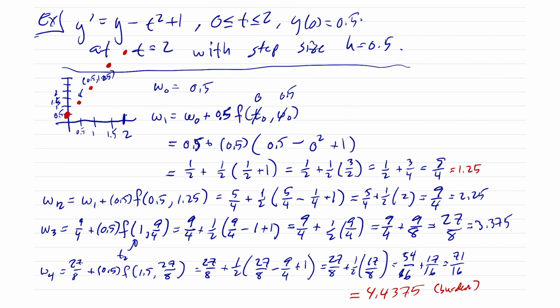So much bigger. Anyway, that gives us our approximation that we were looking for, and so the guess is that y of 2 should be roughly 4.4375. Now I'm just curious, did that even come close? I'm going to pull up a calculator on my computer somewhere.